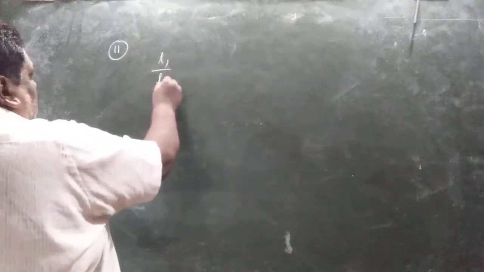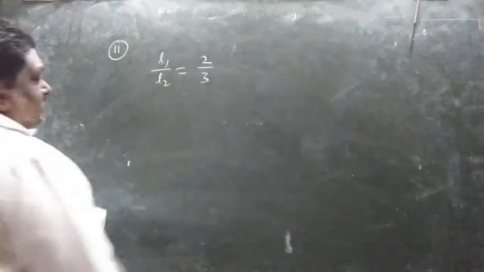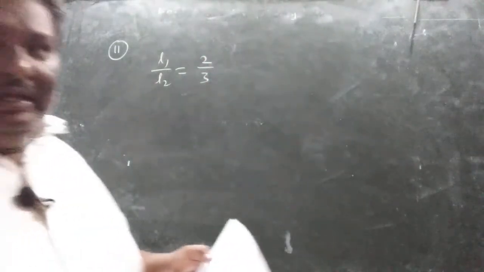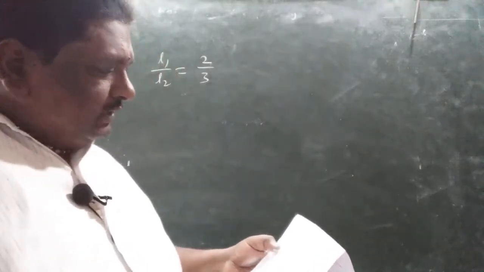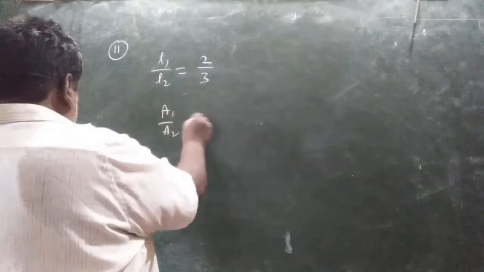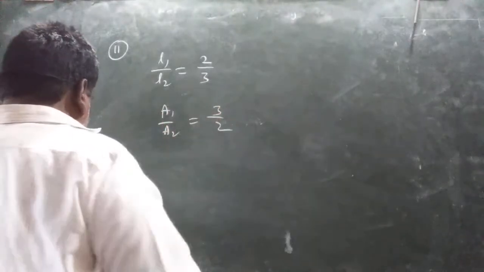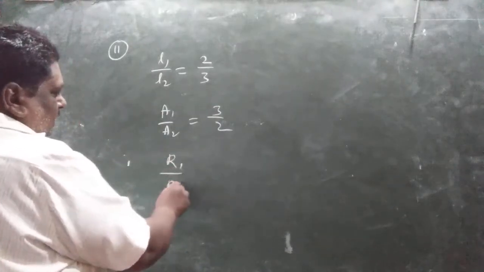The ratio of the lengths of two wires made of the same material is 2:3. Two wires are there, their lengths are in the ratio 2:3, and made of the same material means the resistivity is the same. The ratio of the areas of cross section is 3:2, that is A1 by A2 is 3:2. What is the ratio of the resistances, R1 by R2?